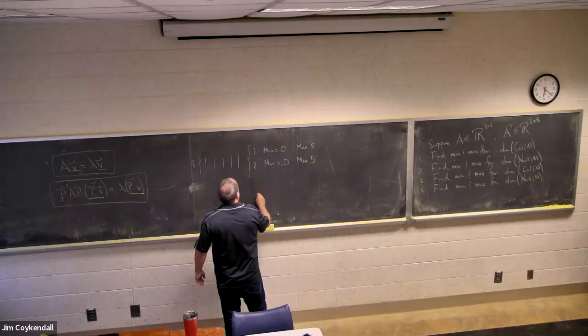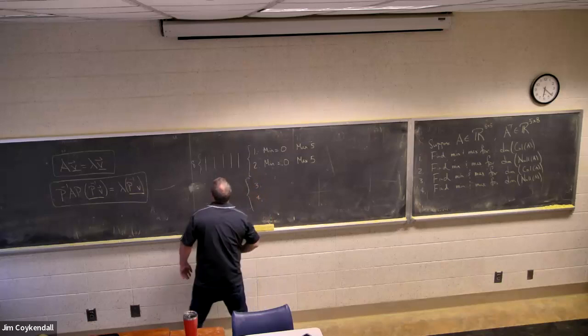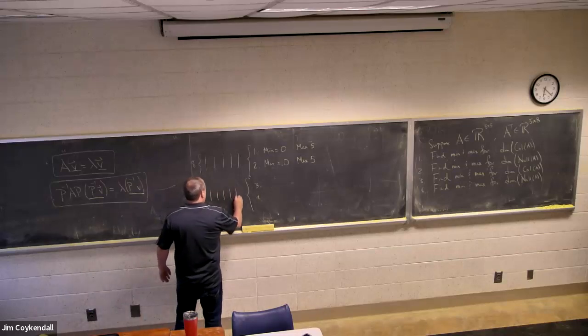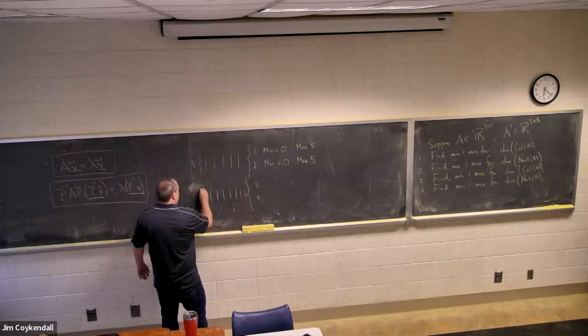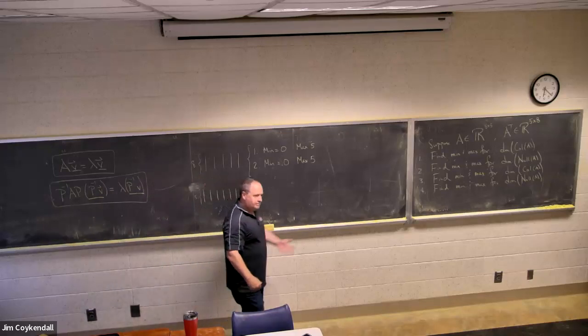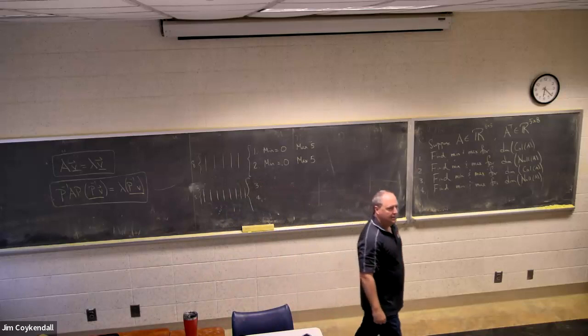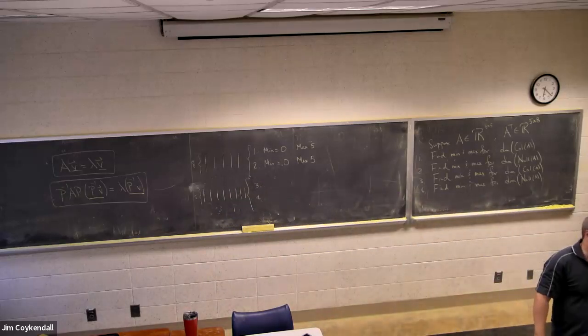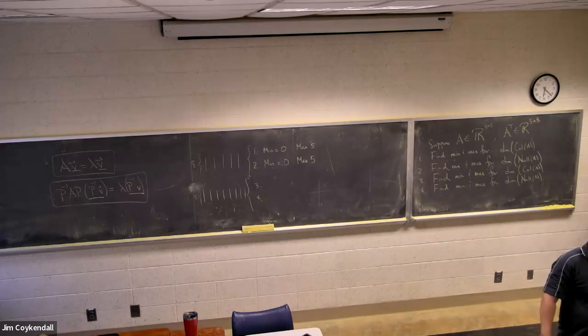Now when you take the transpose, you have 8 columns, and they're all 5 high. The column space now lives inside of what? R5, because all the columns are 5 tall.